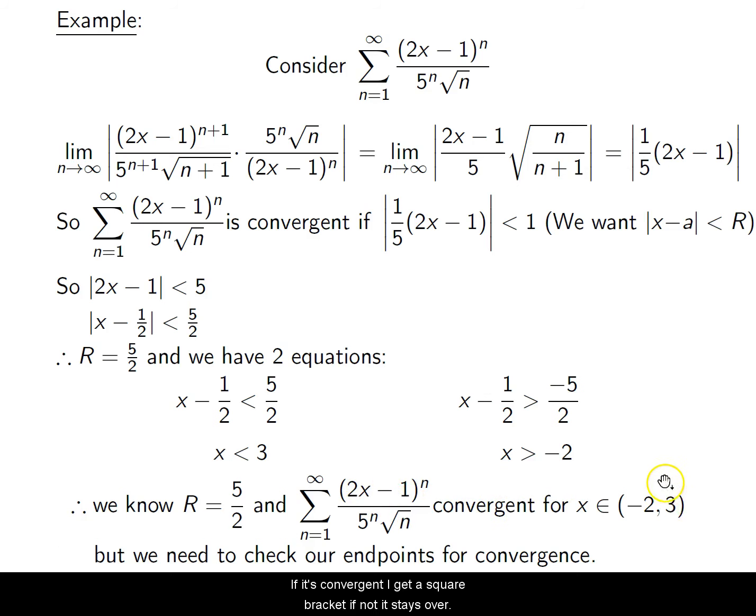If not, it stays open. And then I do the same thing for -2. So real quick, if I take 3 and I plug it in, this will be 6 minus 1 will be 5n. So I'll have 5n over 5n. When I do -2, I will have -4 minus 1 is -5n. So let's just go ahead and do that.